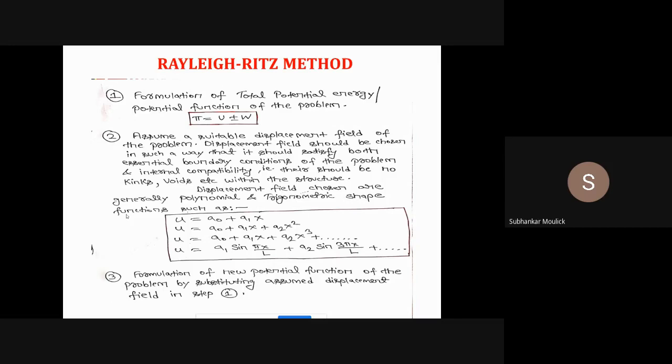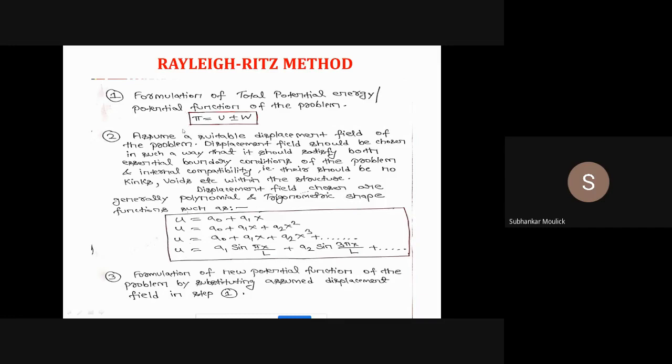That integral form will be nothing but the total potential energy or potential function of the entire problem. So the very first step in Rayleigh-Ritz method is formulation of the total potential energy of the system, the potential function. You can call this phi, the potential energy or potential function.